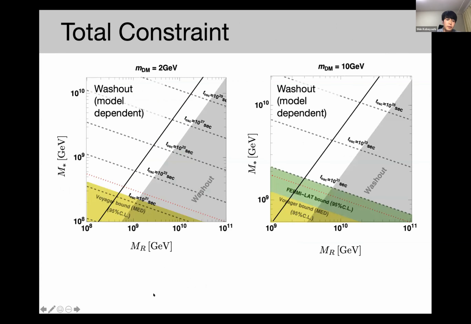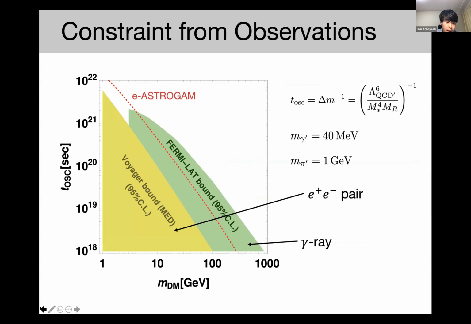This is the total constraint on the plane of right-handed neutrino mass and the proton interaction scale. The red dotted line corresponds to e-ASTROGAM, and as you can see from this slide, Fermi-LAT lacks the sensitivity at scales lower than 2 or 3 GeV.